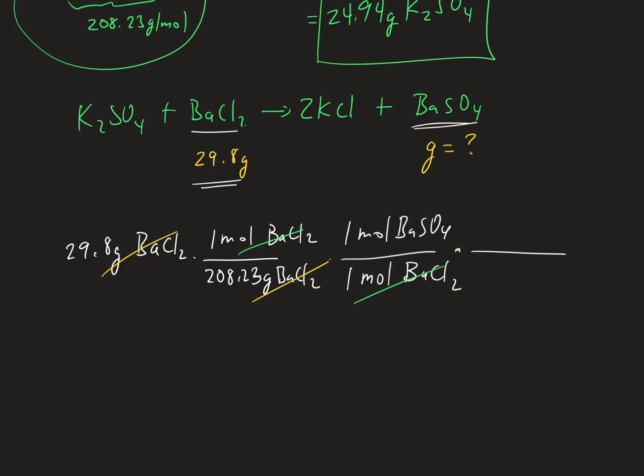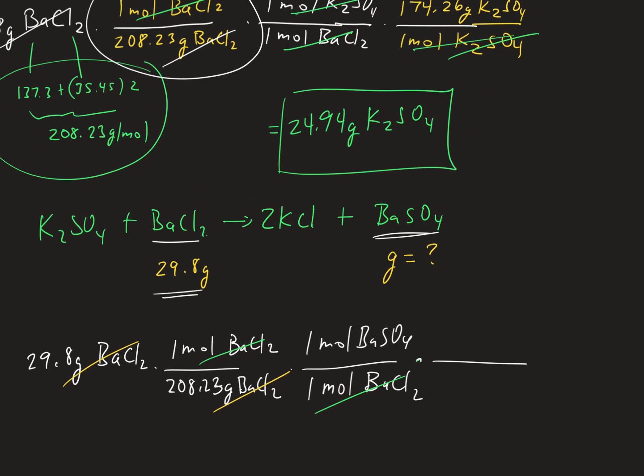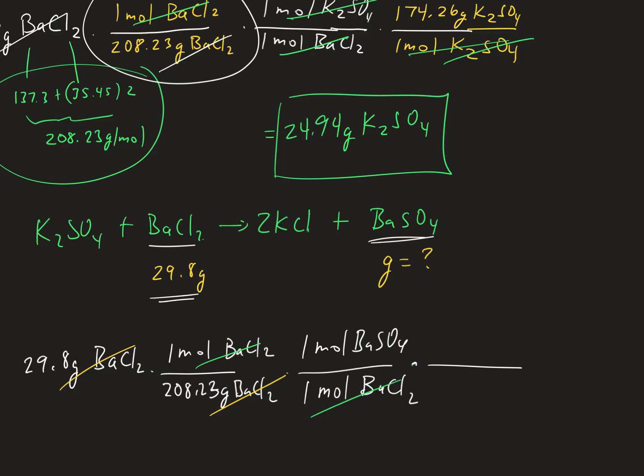And now I have to convert moles of BaSO4 to grams of BaSO4. So we have to find the molar mass of BaSO4. 137.3 plus 32.07 plus 16 times 4. Did I already figure this out?